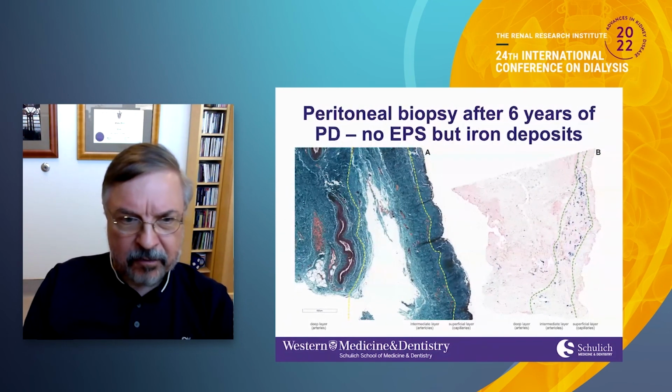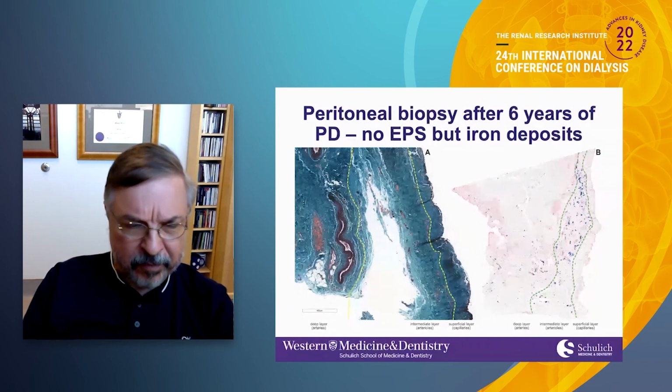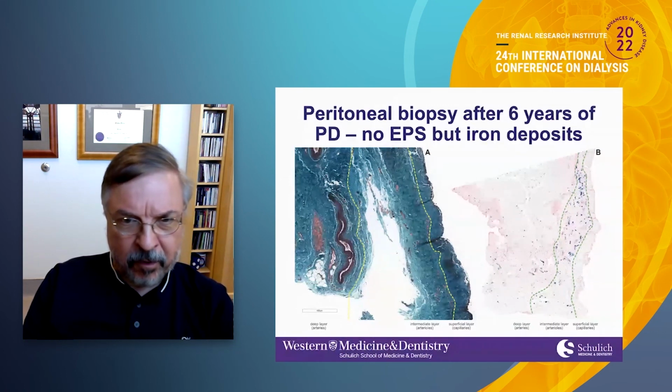So here are trichrome stains and others. As you can see, there's a deep layer where the arteries are. There was actually not an increased vascularization, so no evidence for sclerosing peritonitis, but the immediate layer was quite a bit thickened, and the superficial layer was devoid of the microvilli as well.